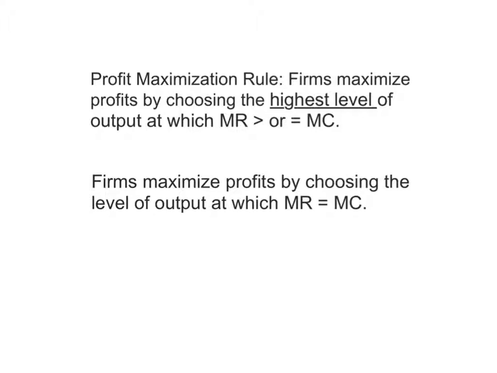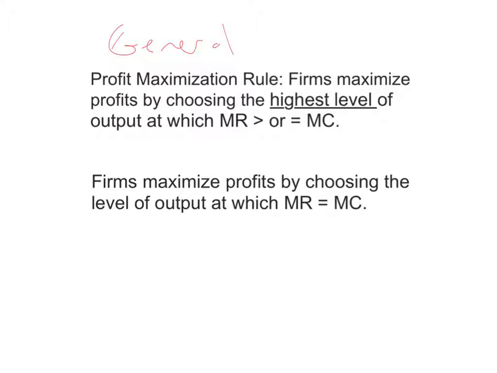Chapter 3 refers to this as the principle of unconstrained optimization. I've paraphrased it somewhat. We might call this the general form of the profit maximization rule. It always works. It applies in any situation.